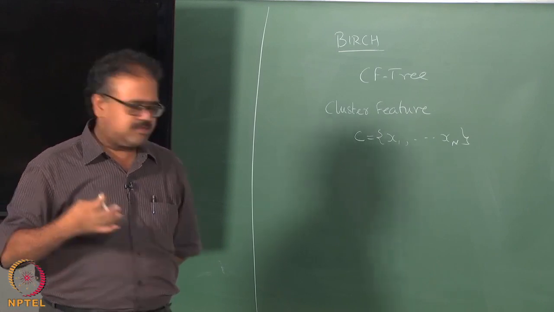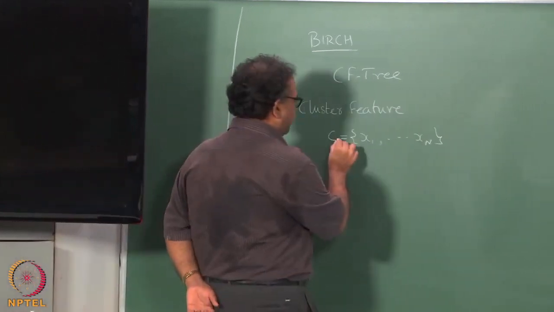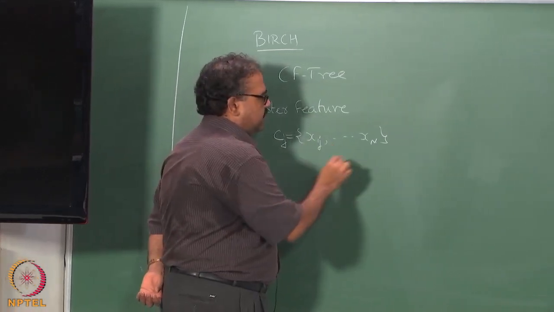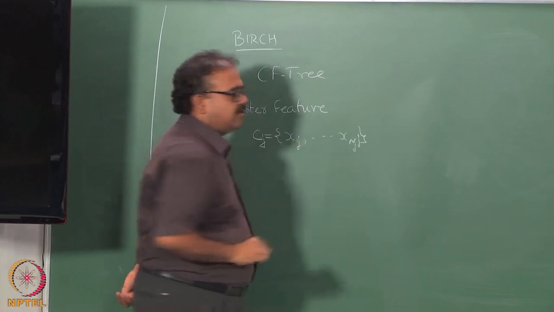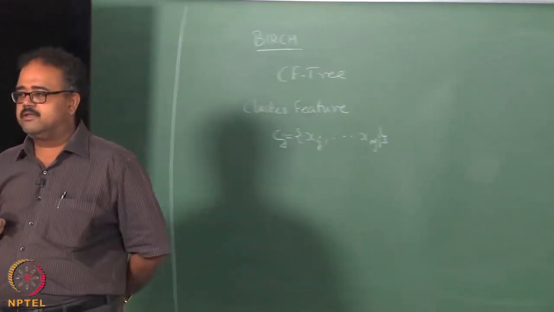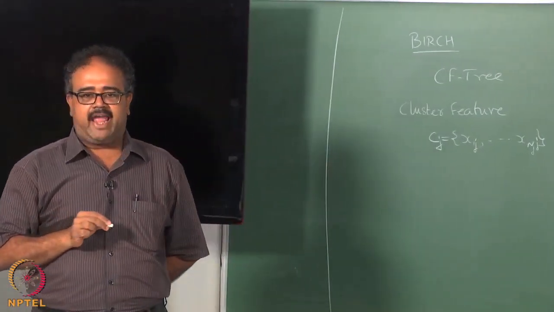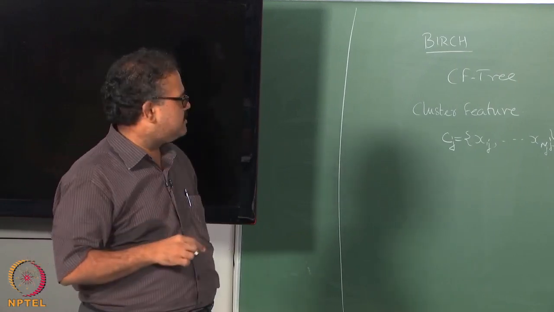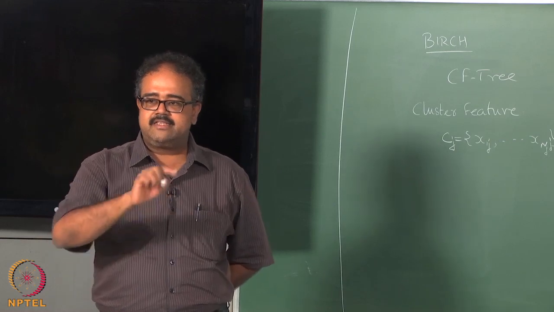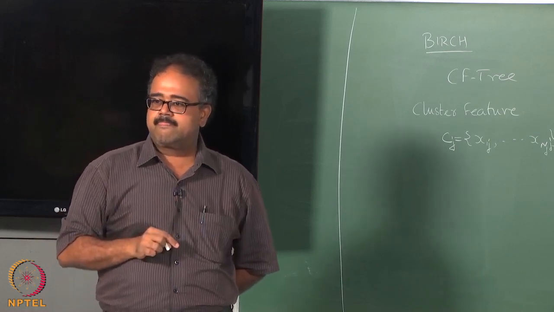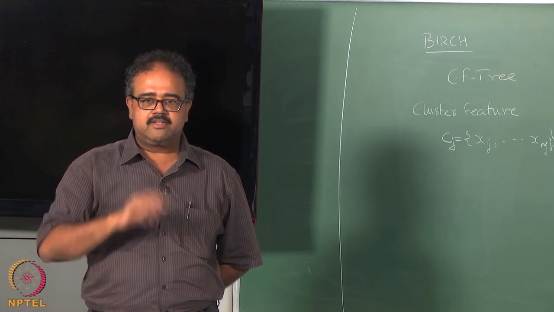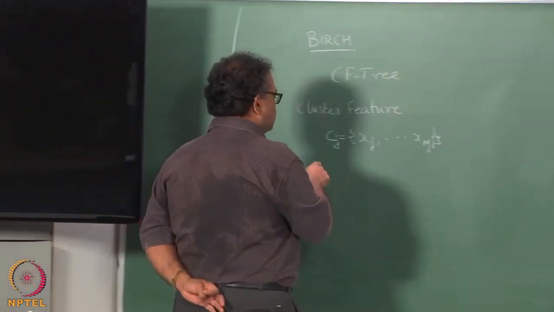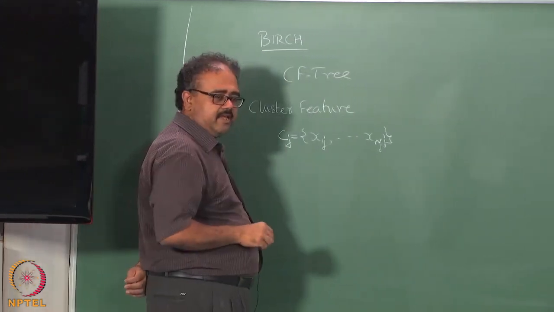In fact, I should do something more than this: cluster J consists of nj points, which I will denote as x1j to xnjj. So this is the cluster.